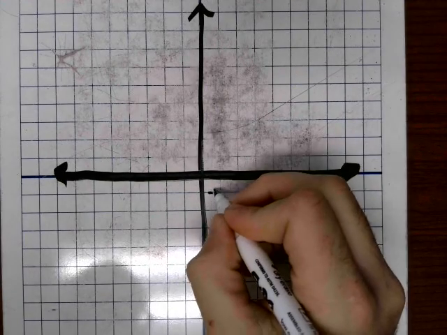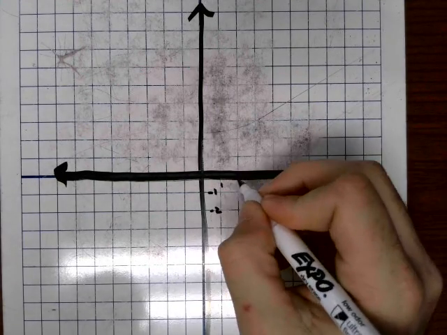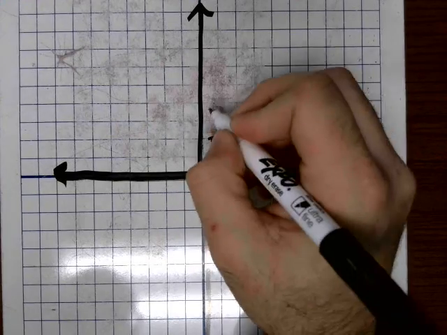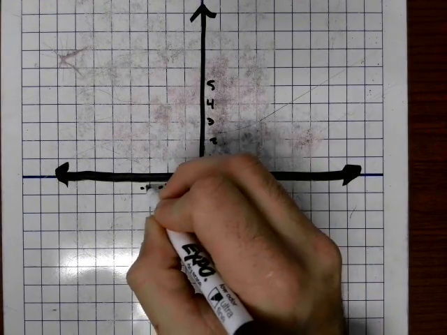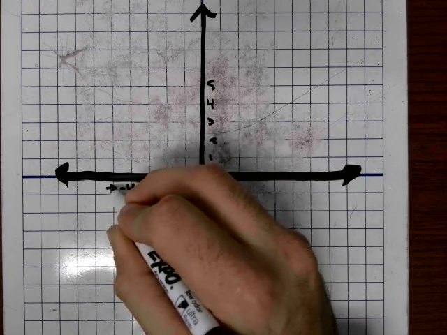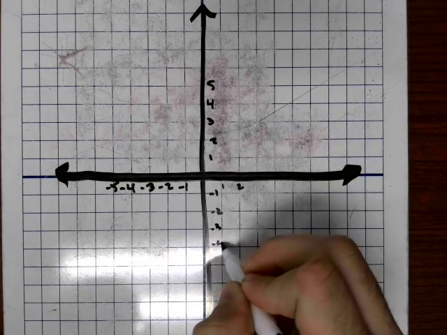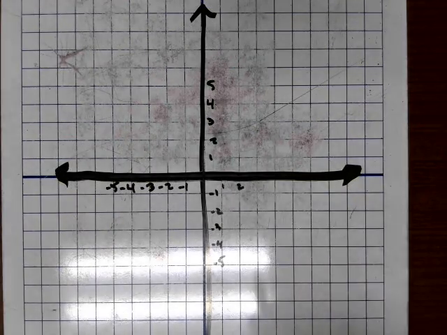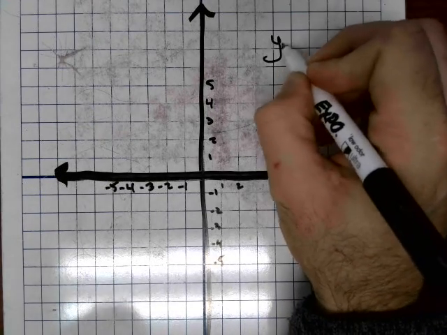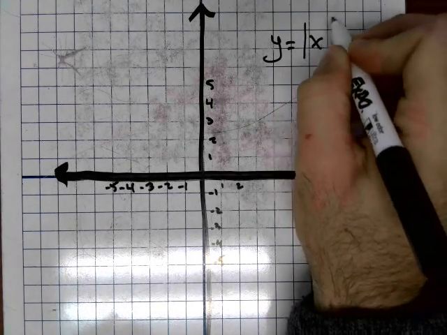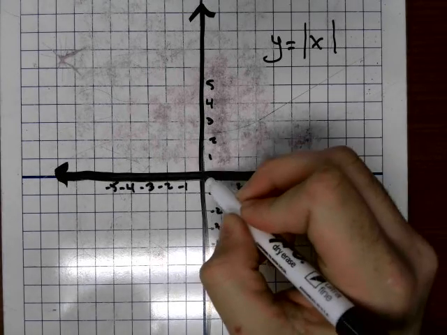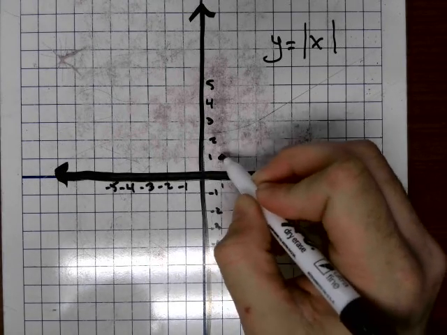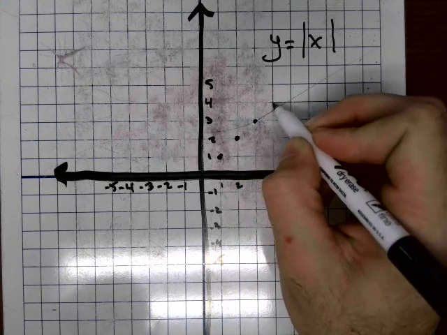So let's say this is -1, -2, 1, 2, 3, 4, 5, and -1, -2, -3, -4, -5. Our original graph, the absolute value graph, is y equals the absolute value of x. This graph moves on diagonals, so it's over 1, up 1. It's basically starting from 0.